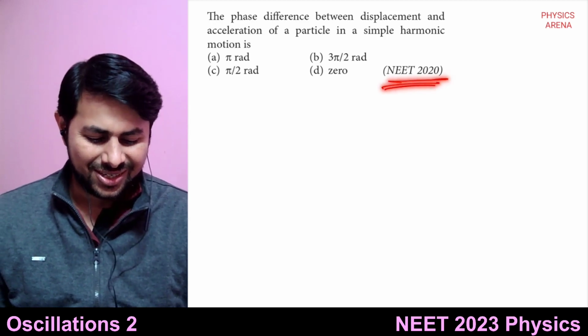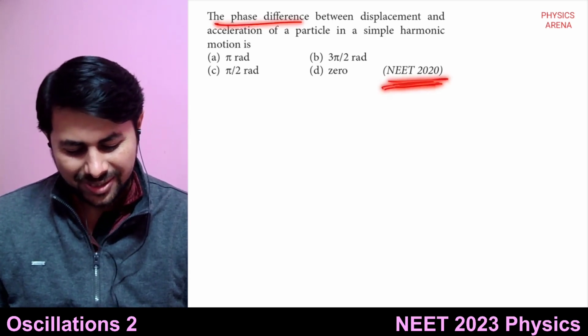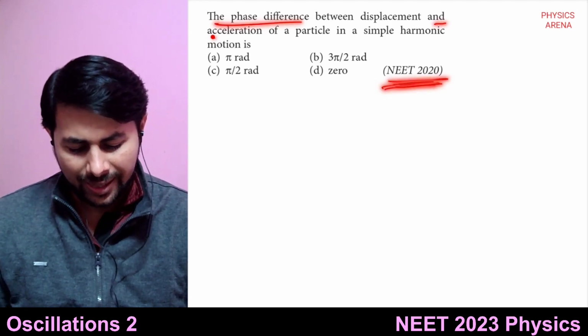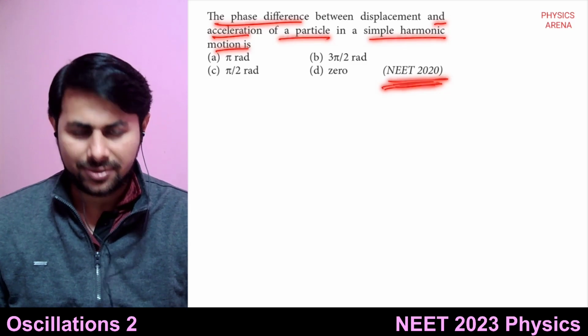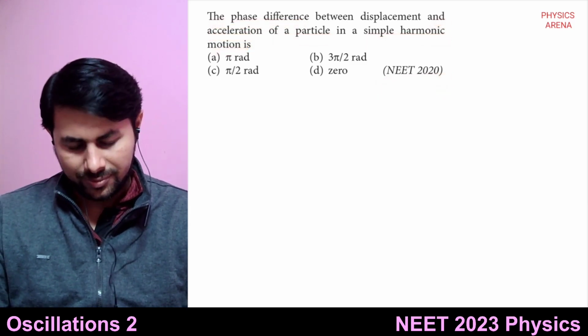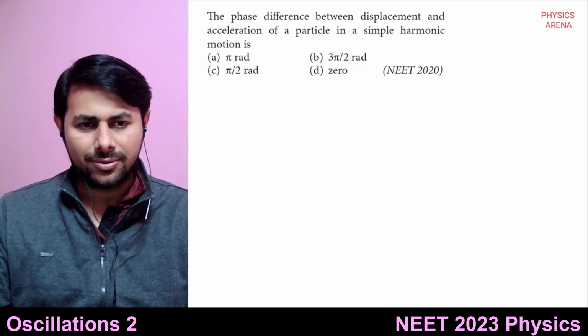This is fairly recent, NEET 2020. Phase difference between the displacement and acceleration of a particle in a simple harmonic motion is: pi, 3 pi by 2, pi by 2, 0.